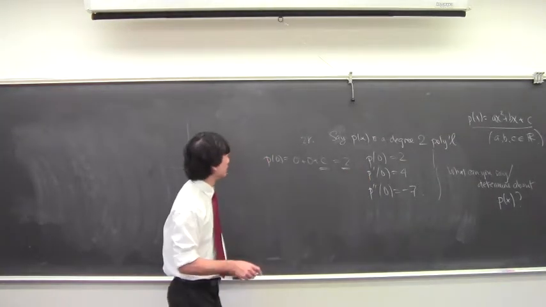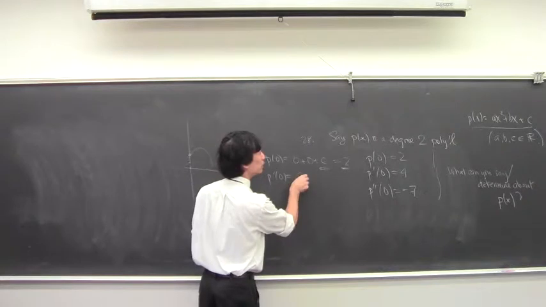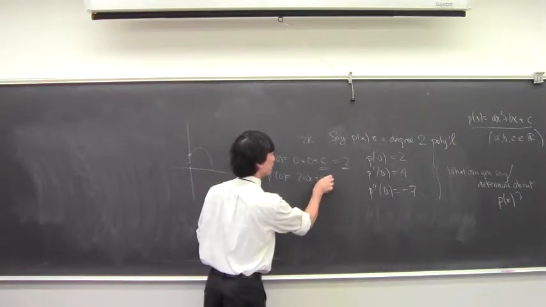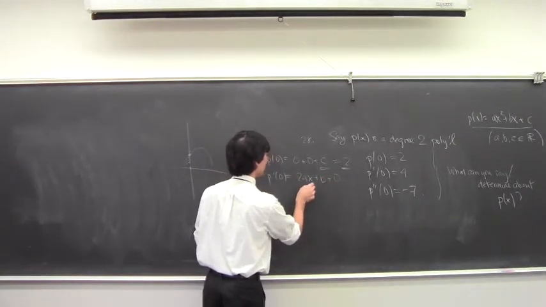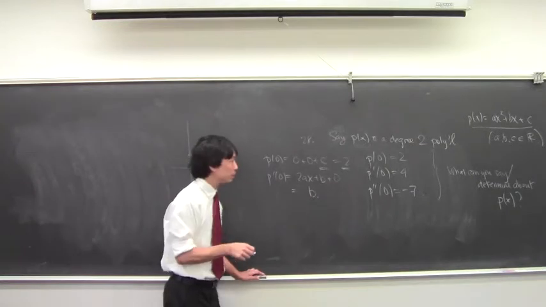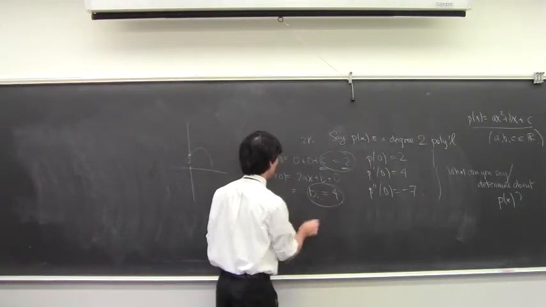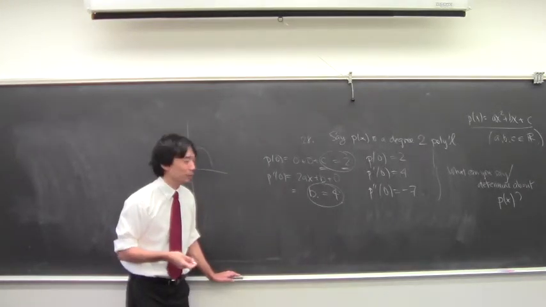Said B was 4. Okay, let me think about it. P prime is 2ax plus b, evaluated at 0, so x is 0. That gives you b, so b is 4. So c is 2, b is 4. And what about the last one?